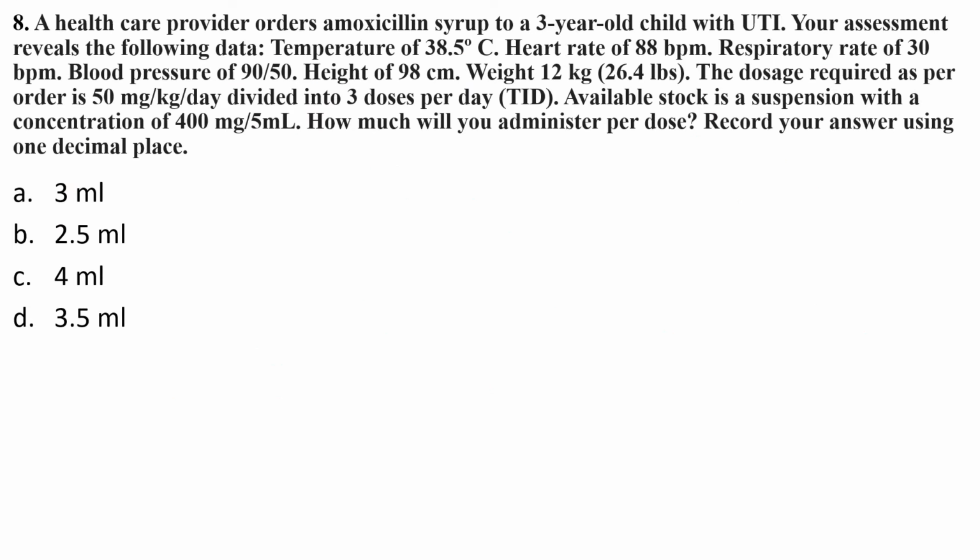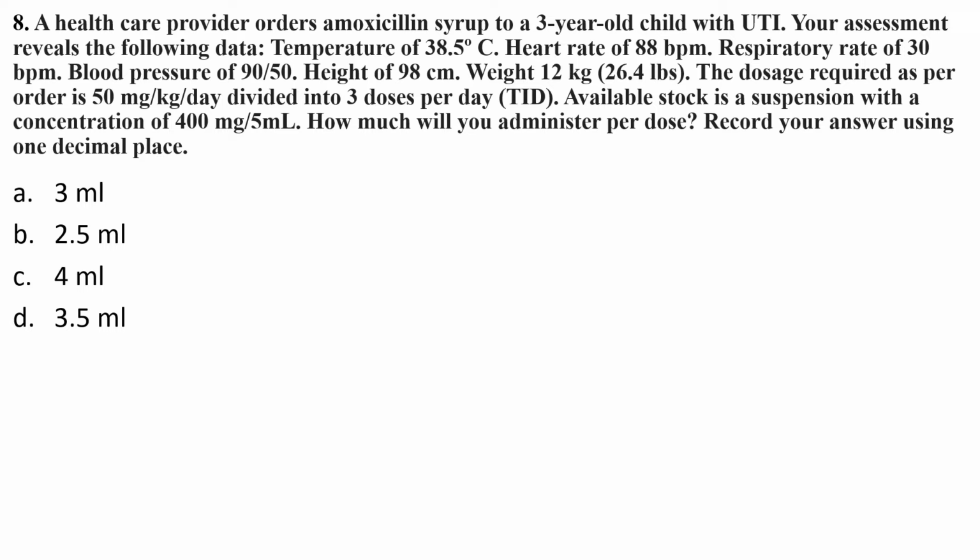Question number 8. A healthcare provider orders amoxicillin syrup to a 3-year-old child with UTI. Your assessment reveals the following data: temperature of 38.5 degrees Celsius, heart rate of 88 beats per minute, respiration rate of 30 breaths per minute, blood pressure of 90 by 50 millimeter of mercury, height of 98 centimeter, weight of 12 kg.